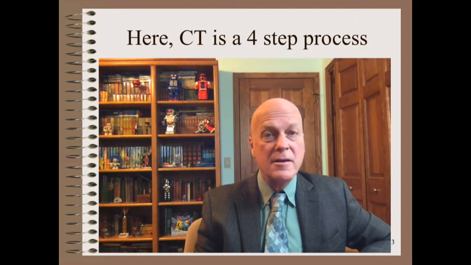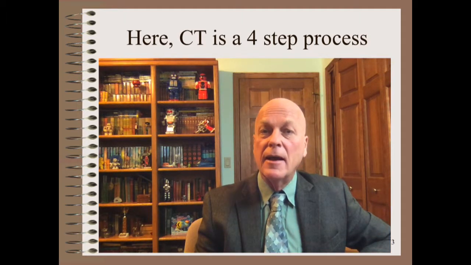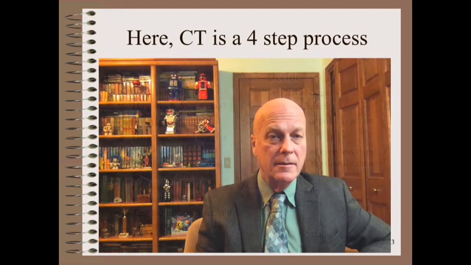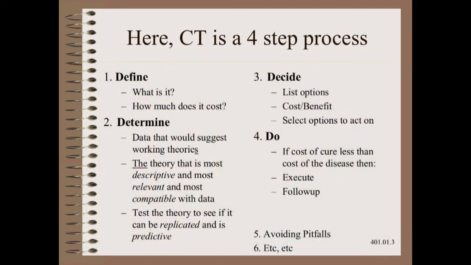In this course, we will define critical thinking as a 4-step process. Step number 1, define the problem, and that may include an estimate of the cost. Step 2, determine the theory that is most compatible with what you know. Test that theory to see if it can be replicated and is predictive.